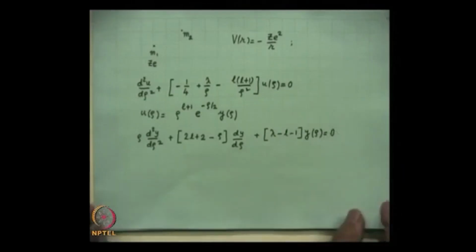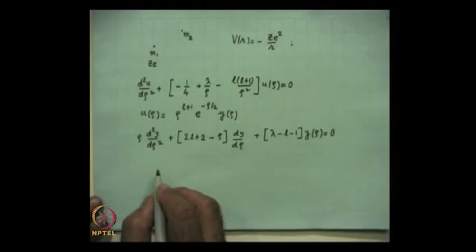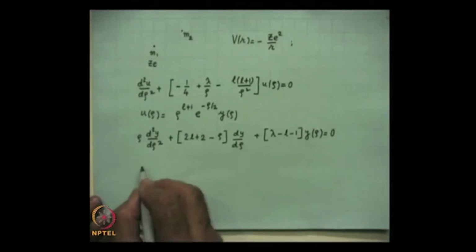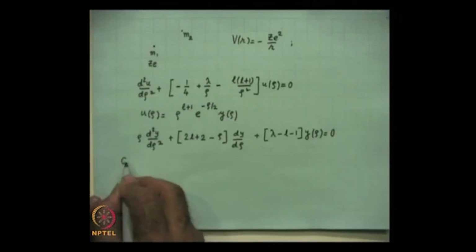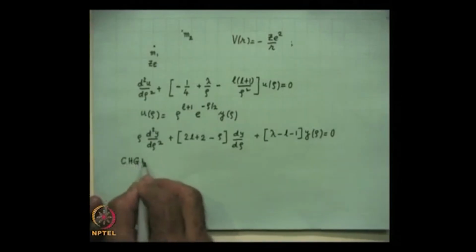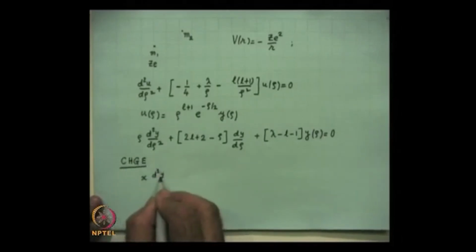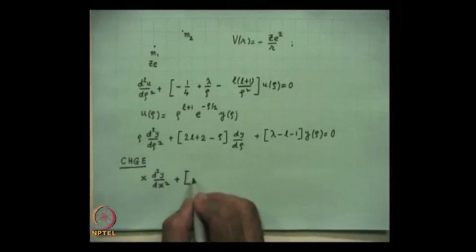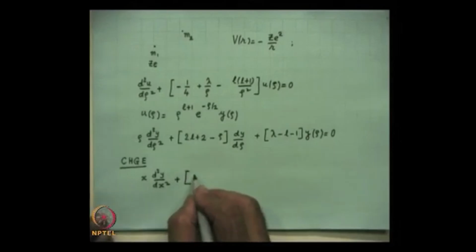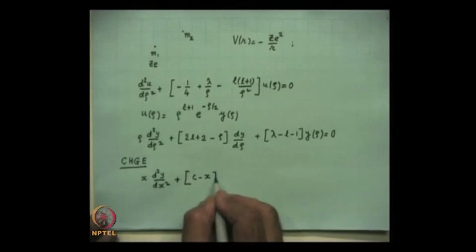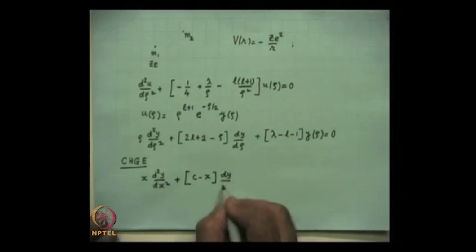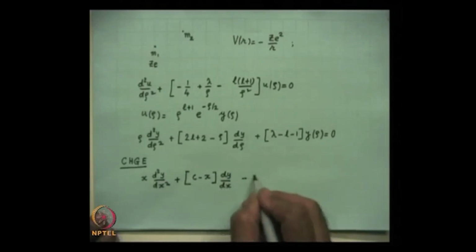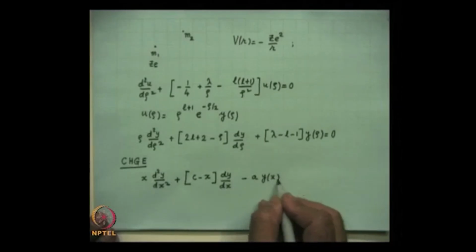Now, if you recollect, some lectures back we had discussed the confluent hypergeometric equation, which was x d2y by dx square plus c minus x dy by dx minus a y of x is equal to 0.